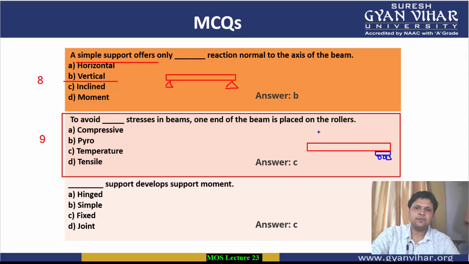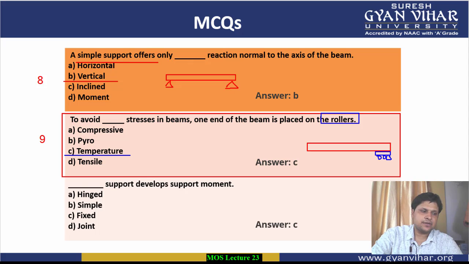Therefore we use rollers. The options are compressive, pyro, temperature and tensile. In order to compensate for thermal stresses, that is temperature stresses, one end of the beam is kept on rollers. So option C is the correct option.